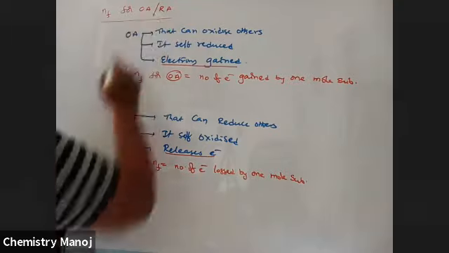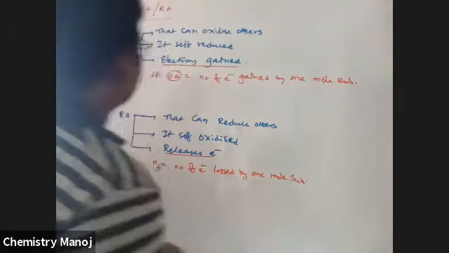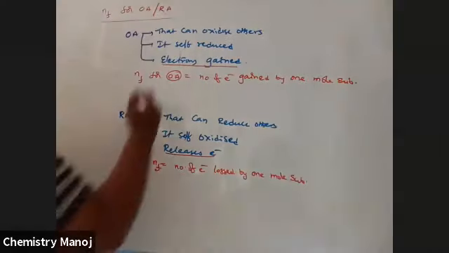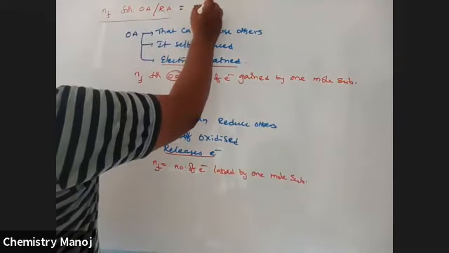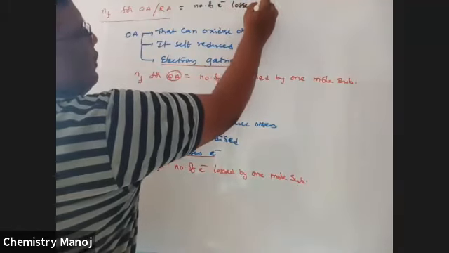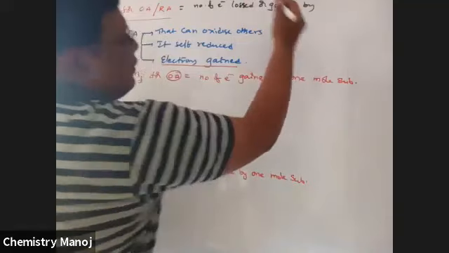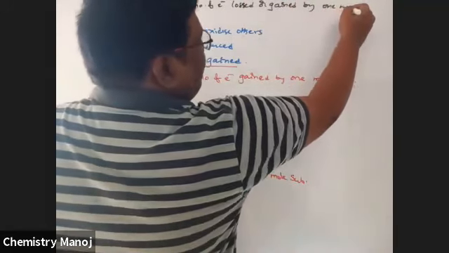Therefore, for oxidizing and reducing agents, N factor is equal to the number of electrons lost or gained by 1 mole of substance.